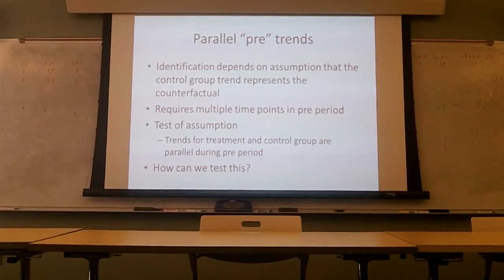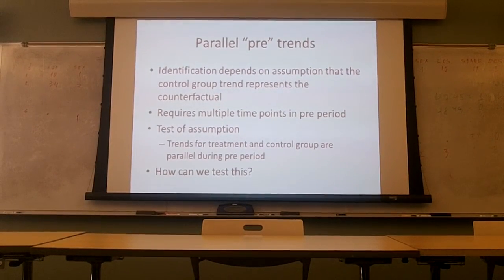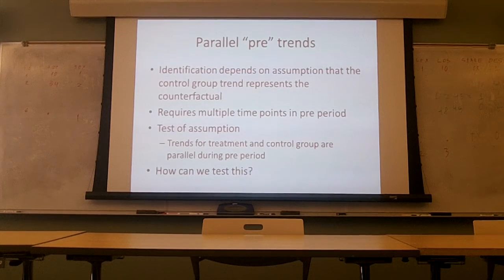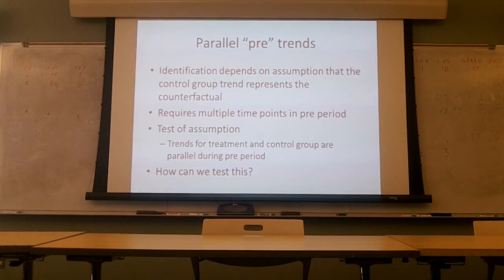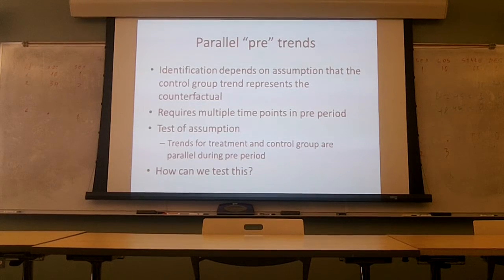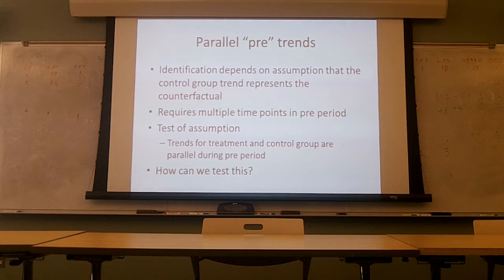But the point I raised then, and want to go back to now, is the idea that the more data you have on the pre-period, the more convincing you potentially can make your argument. Our identification assumption is that we have a control group that accurately represents the counterfactual, that is, what would have happened to the treatment group had they not gotten the treatment.